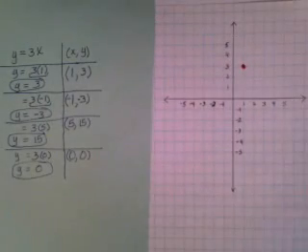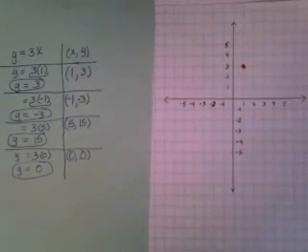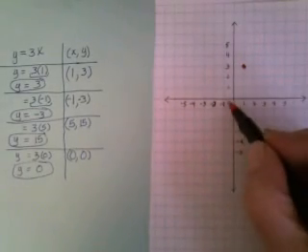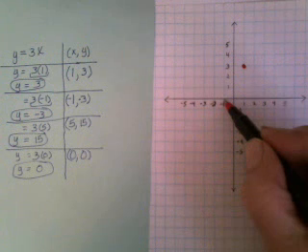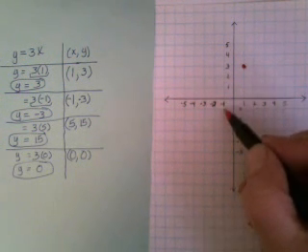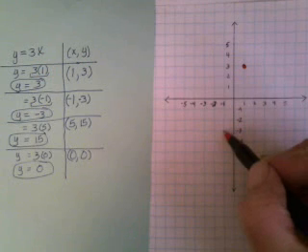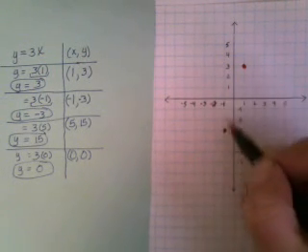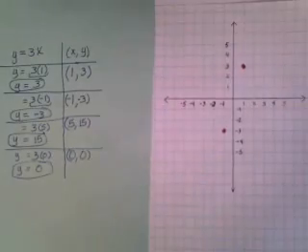Okay. Then I'll take -1, and I find it on my x-axis. And the y that goes with that -1 is -3, so I'm going down 3 places. So here's the point, -1, -3, where those two come together.